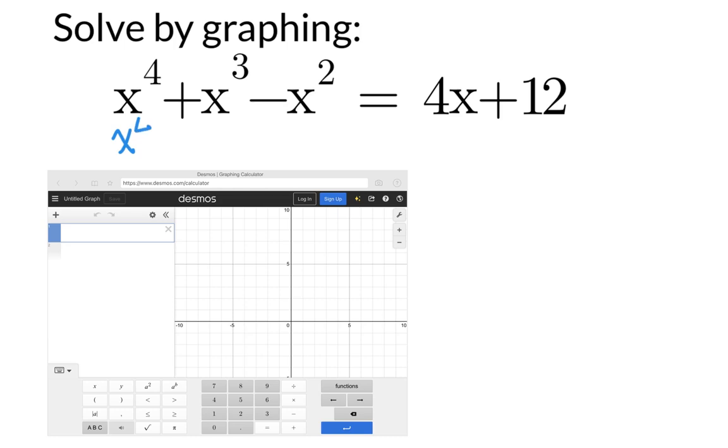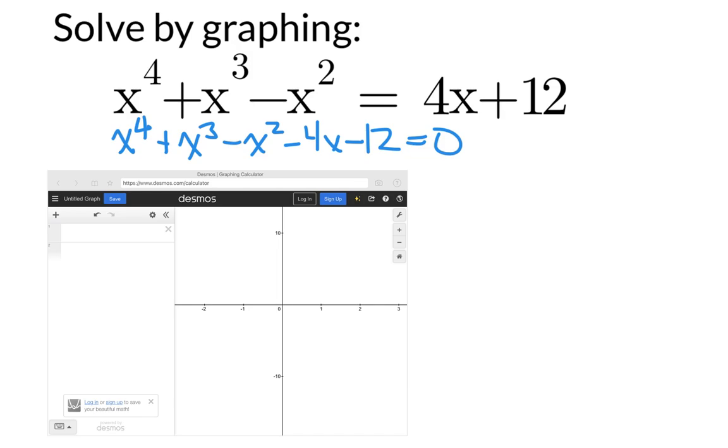So we'll still start with x to the 4th plus x cubed minus x squared. But to get rid of that 4x on the right side, we have to subtract it to bring it over to the left side. And to get rid of that 12 on the right side, we have to subtract it to bring it over to the left side. Then we have an equation that does equal 0. Now we can go over to our graphing calculator and solve it.